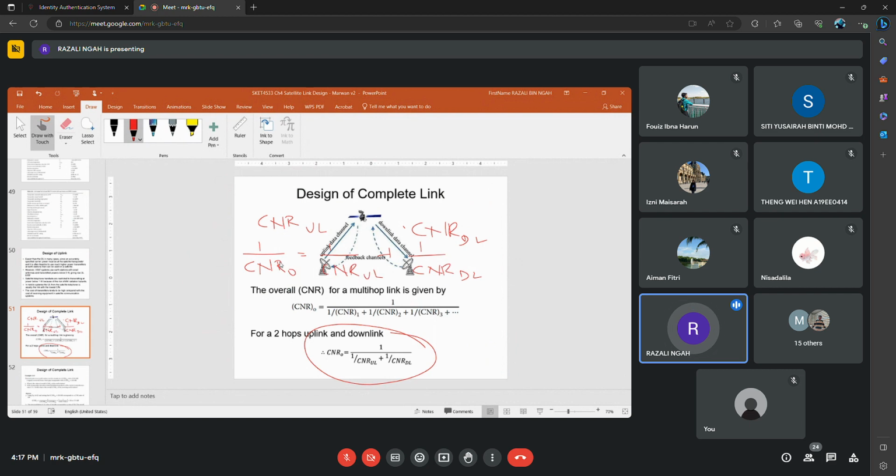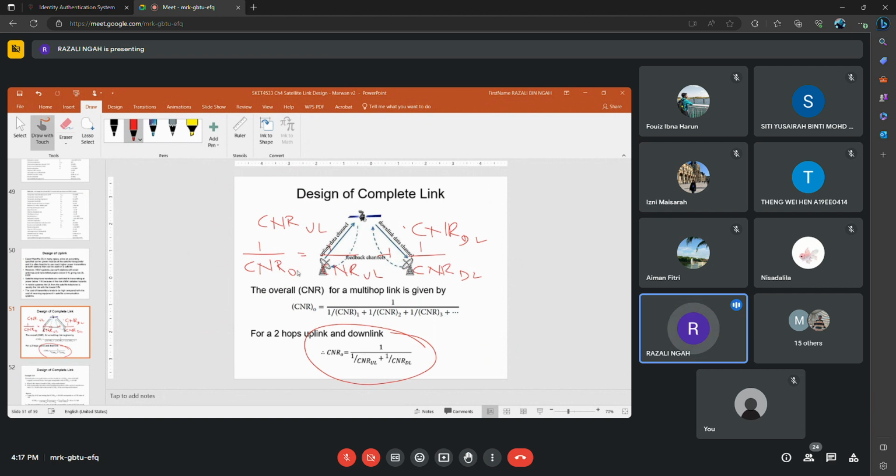From here you rearrange, so this one goes up here, and this one you move to this side, so it becomes 1 over all of this.